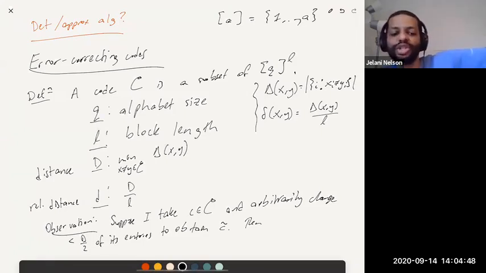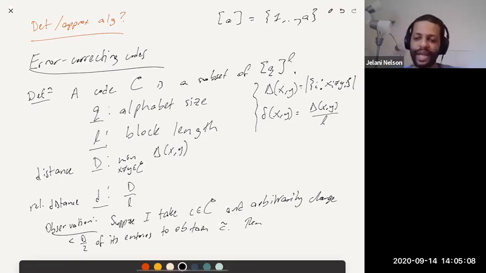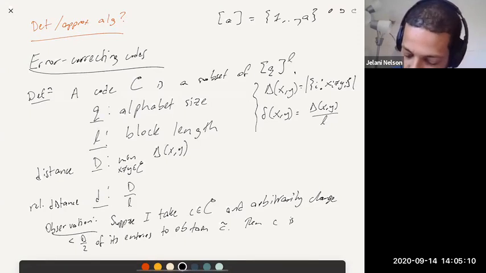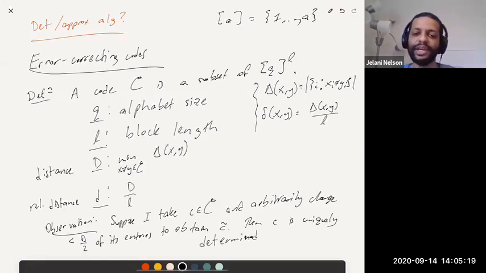I didn't tell you which entries I changed, I didn't tell you what I changed them to, and I didn't tell you what C I started with. All you know is I took some code word and arbitrarily changed less than capital D over 2 of its entries. Then I claim that C is uniquely determined. In other words, a third party can look at C tilde and uniquely decode to figure out what C was. Why is that?